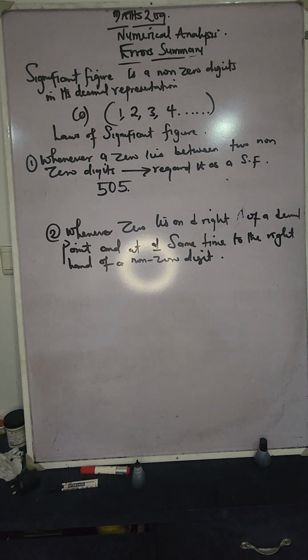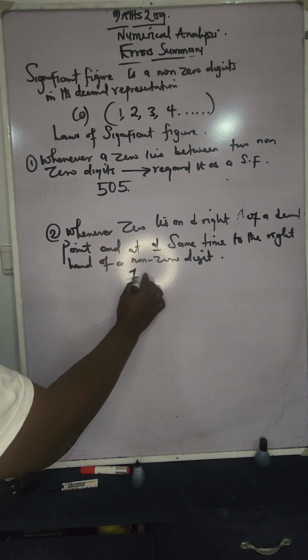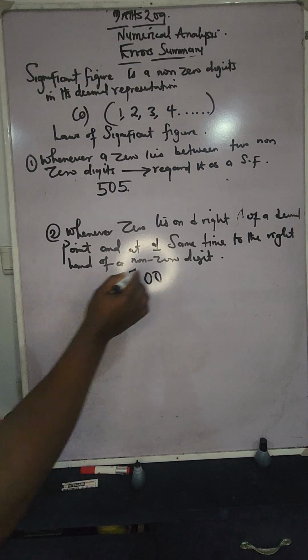So what we are saying now is, for example, when we have 7.00.